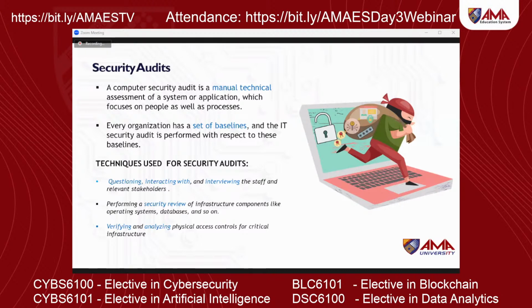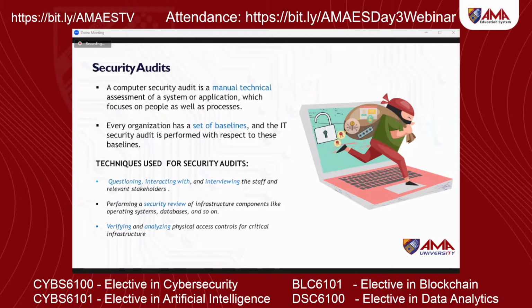And then techniques used for security audits, meron tayong tatlo. First one is questioning, interacting with, and interviewing the staff and relevant stakeholders. Okay. So ito yung parang pinakamadaling technique. Number 2 is performing a security review of infrastructure components like operating systems, databases, and marami pang iba.